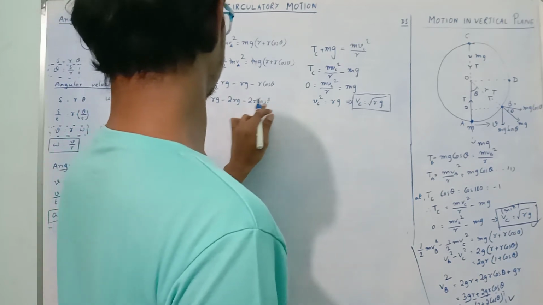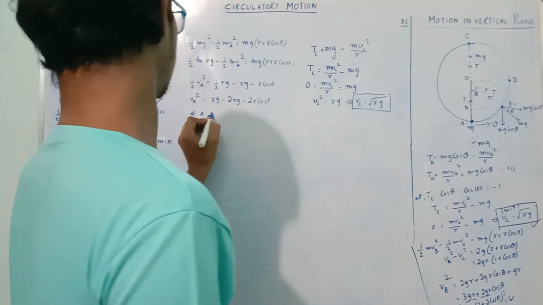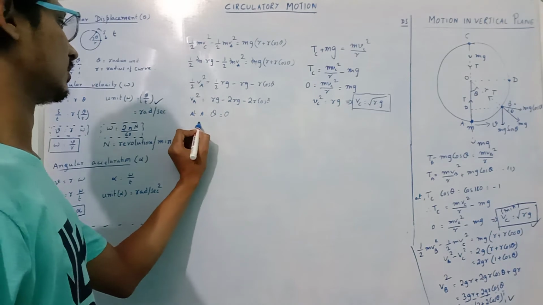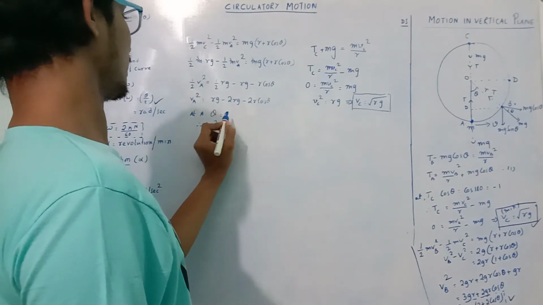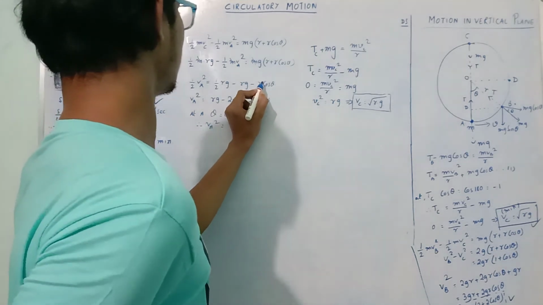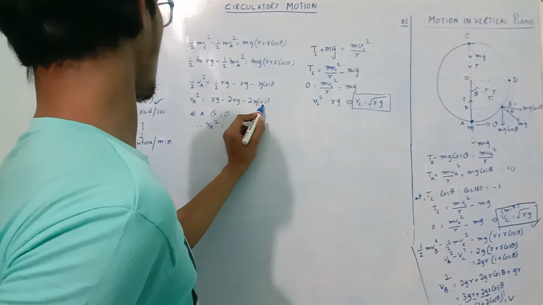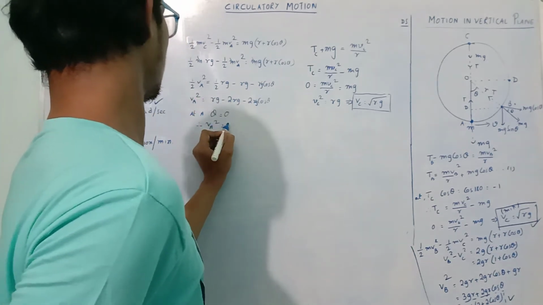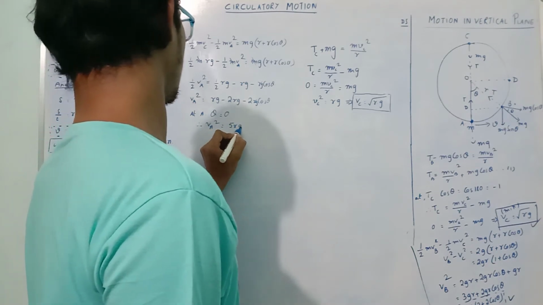At A, theta is 0, so cos 0 is 1. So it will become 5 rg.